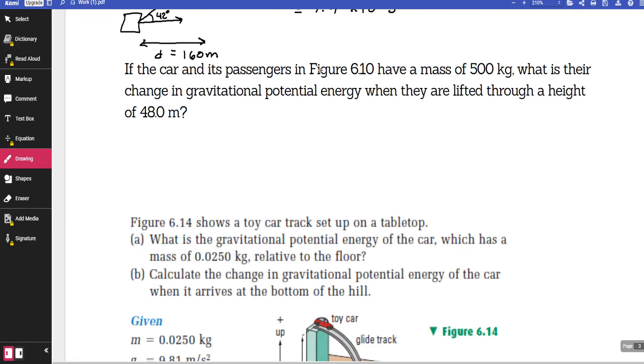Now this one references a picture in your textbook. It's just somebody falling in a tower drop. So just a little car, people here. It's a really good example of a tower drop, right? So they have a mass of 500 kilos.